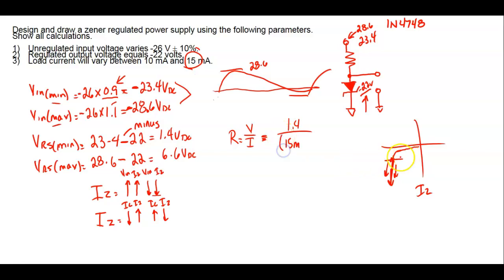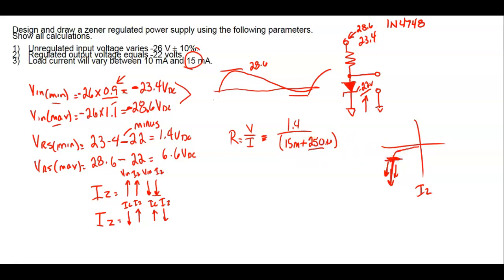Then 15 milliamps would put me right at the knee, but I want to guarantee it's going to operate above the knee. So I'm going to add IZK to this, the minimum current to operate at the knee, and that's 250 microamps.